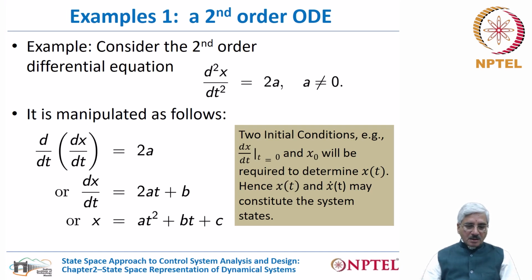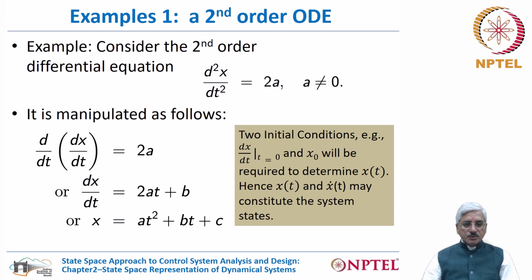And one choice of initial condition could be the knowledge of dx by dt, the first derivative of x at t equal to t0 or t equal to 0, along with the knowledge of the quantity x at t equal to t0 or t equal to 0 in this case, which will be adequate to determine b and c. In fact, b is the first derivative itself at t equal to 0, and c is the x itself at t equal to 0.